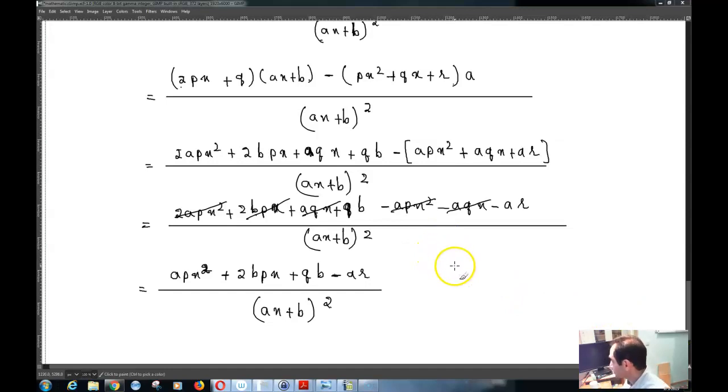So that's basically the derivative of this function for example number 9: apx squared plus 2bpx plus bq minus ar over ax plus b whole squared.